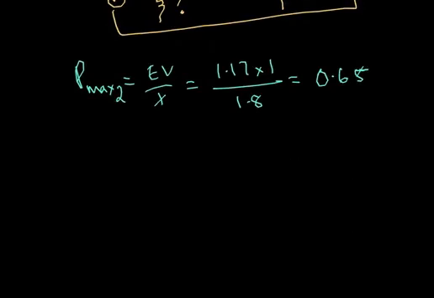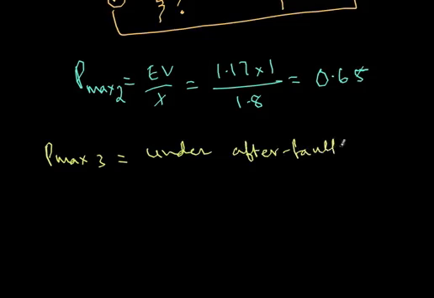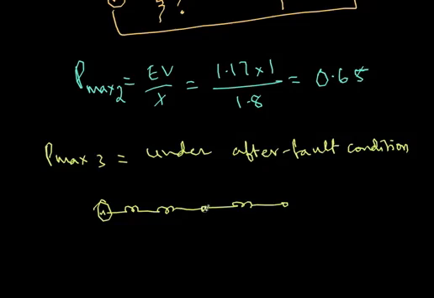Next we have to find out what is Pmax3. Pmax3 is under after fault conditions. So when the fault is removed, the system is something like this. So this particular line which is there, this line is open circuited.